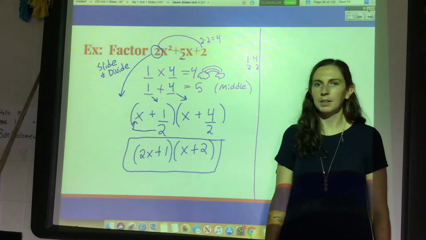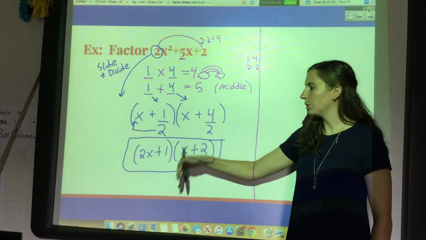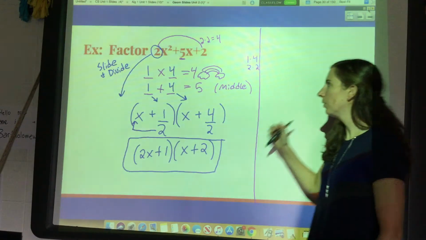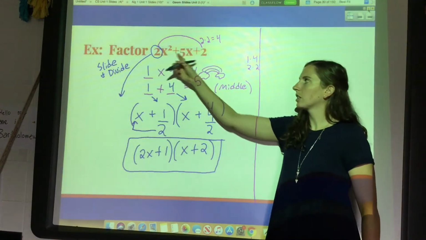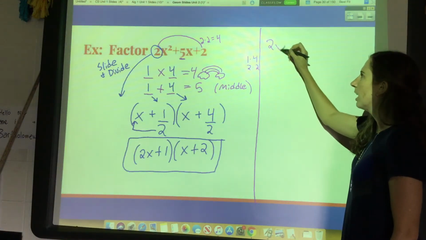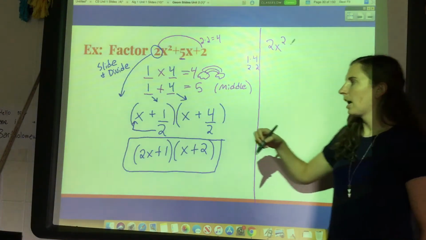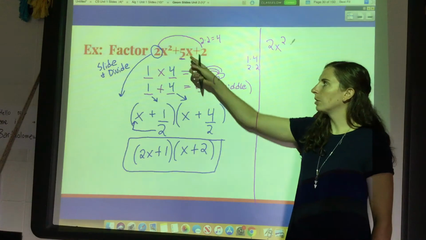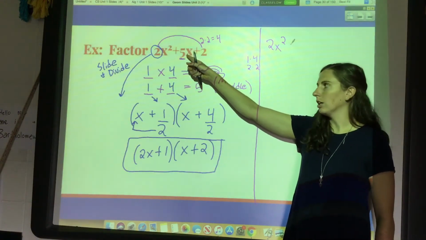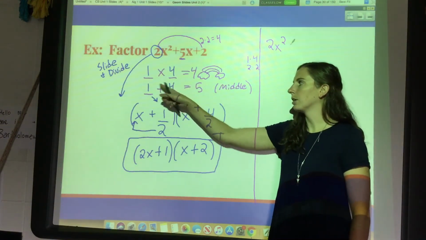But instead of doing this stuff, what you could do is take your expression, so 2x squared, and what you're going to do is actually split up the middle term using these 2 numbers.